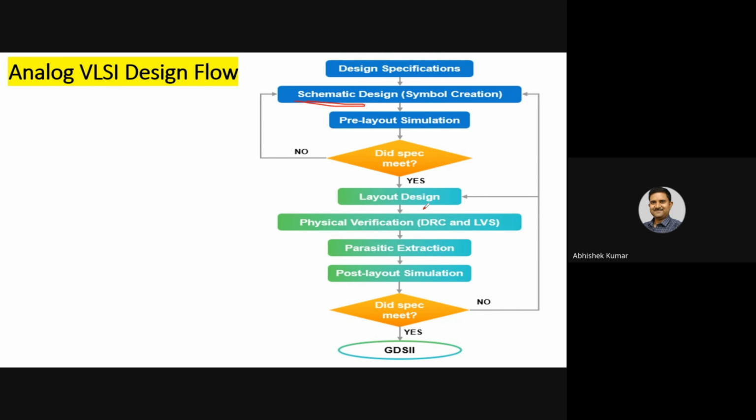Now, when we have joined this physical world, we have to check whether my design is correct or not. For that there are two checks: DRC and LVS. DRC stands for design rule check.